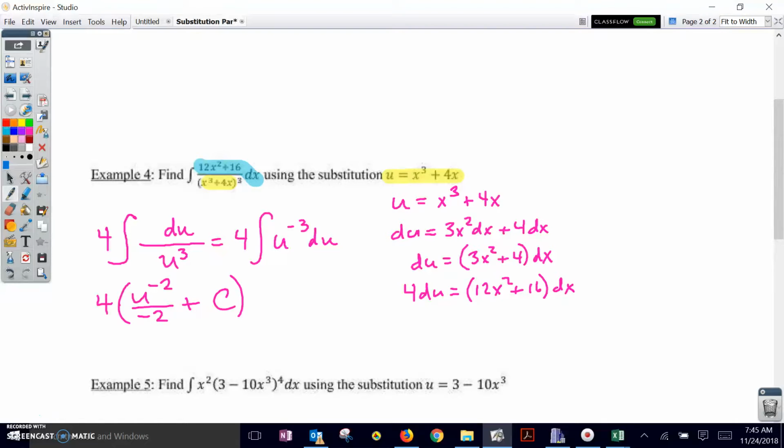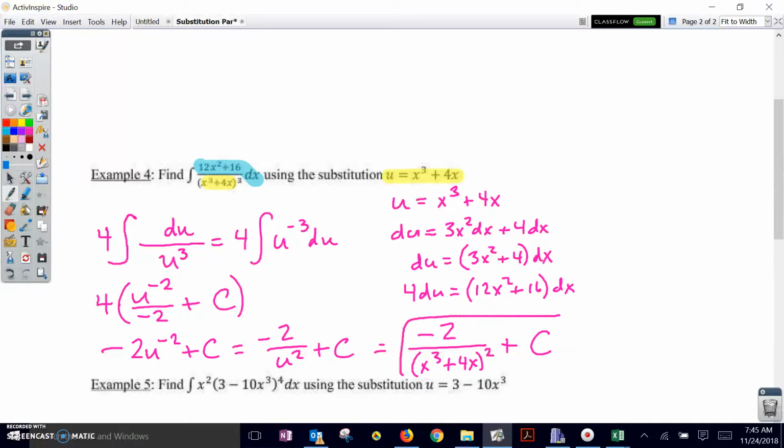And so that turns into negative 2 u to the negative 2 plus c, or negative 2 over u to the second plus c. And then we bring u back to get to our final answer. And we've got negative 2 over the quantity x cubed plus 4x to the second plus c. And there's our integral of 12x squared plus 16 over the quantity x cubed plus 4x to the third dx.